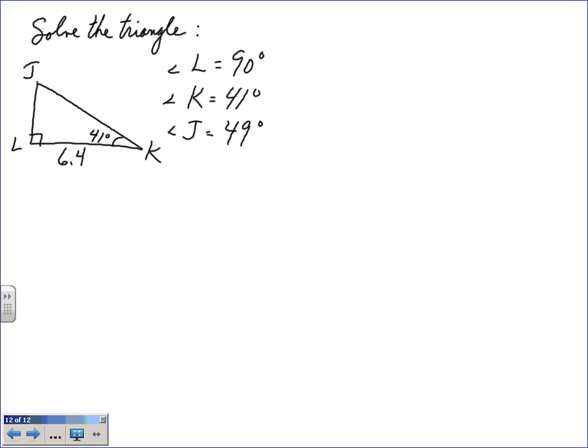Okay? Don't forget to put the degree sign there. Without a degree sign, then that measure is in radians. So we need that little circle. All right, and what else we have? Side J given 6.4.